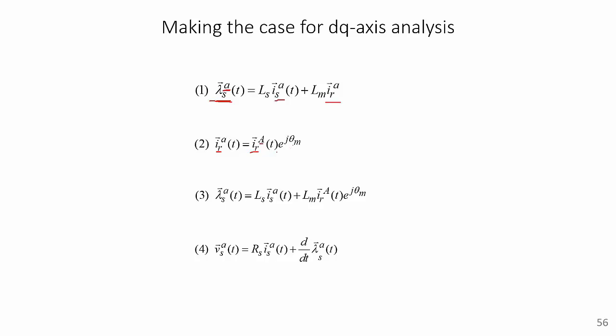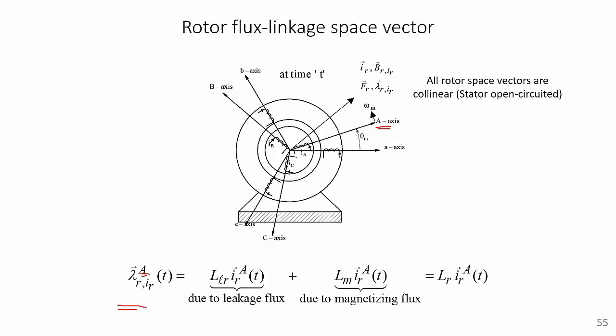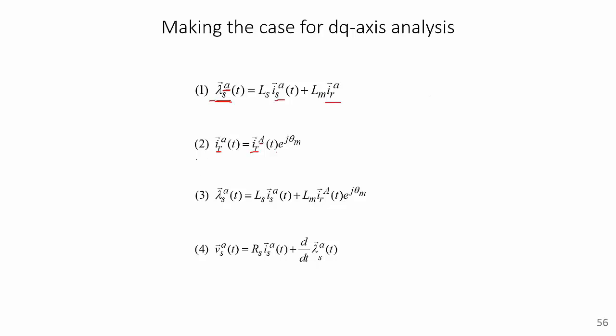And the angle between the stator and the rotor magnetic axis is equal to the angle of rotation, which is theta m. Resubstituting equation 2 back into equation 1, we obtain the stator flux linkage equation, which consists of the flux linkage contribution due to the stator currents as well as flux linkage contribution due to the rotor currents. And the stator space vector voltage equation is given by the drop across the stator resistance plus the change in the stator flux linkages.